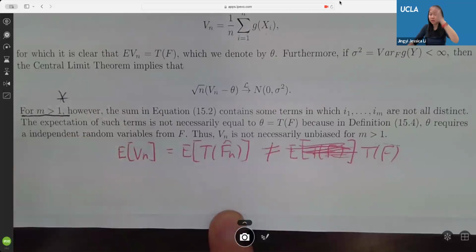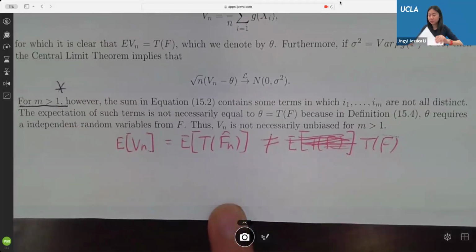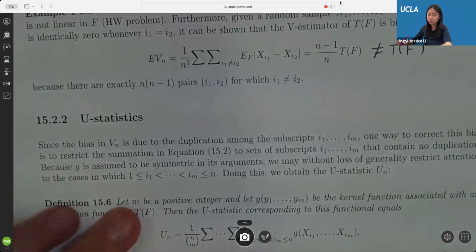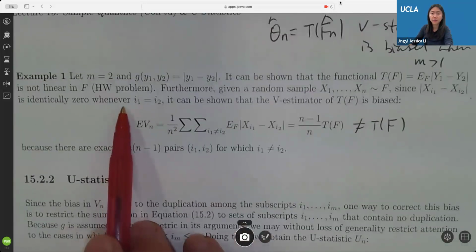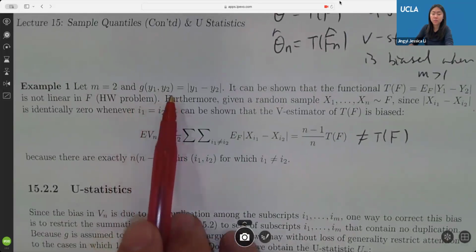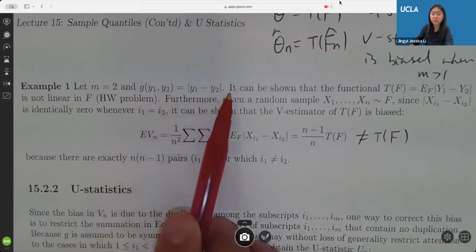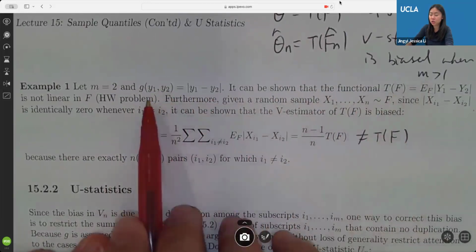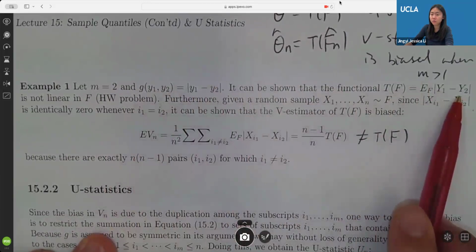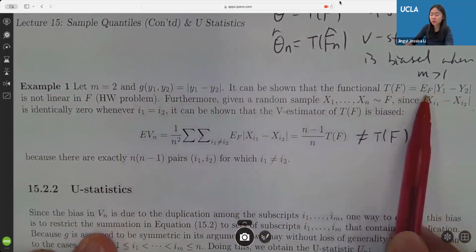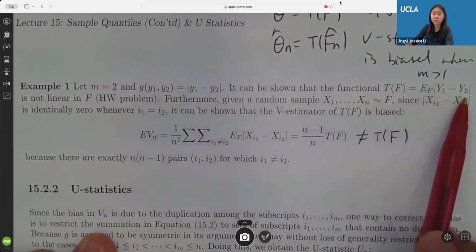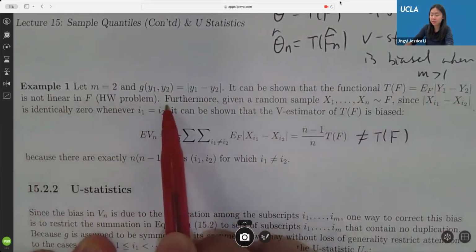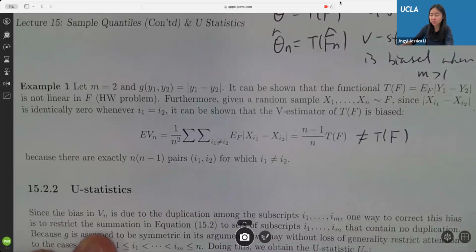So one example we ended up with last lecture is this example. Let m equal 2 and g be this function. It can be shown that the functional T(F), which is you just apply this g to y1, y2 from this F, which is the expectation of the absolute value of y1 minus y2, is not linear in F. This is the first thing, but not the most important thing I want to say here.